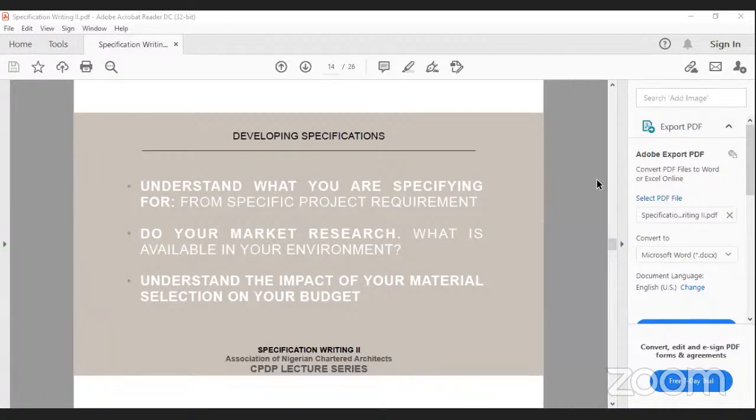You must also have a concise and regularly updated directory or catalog for your manufacturers. I'll give you another instance. Up until 1999, 2000, asbestos was allowed in materials in Nigeria.